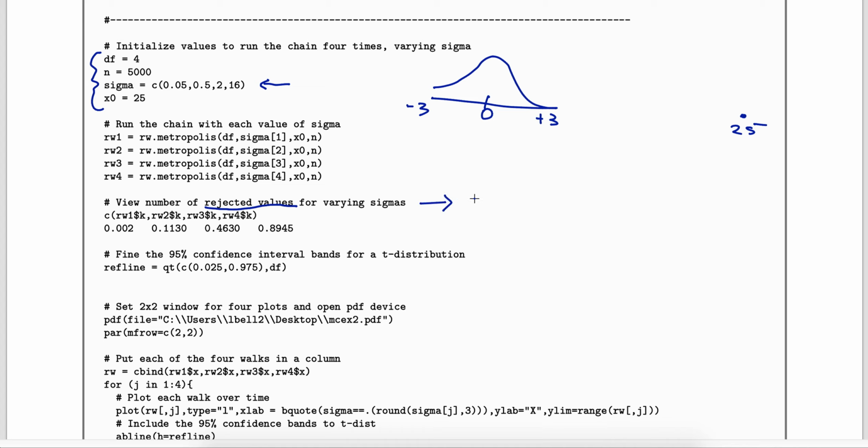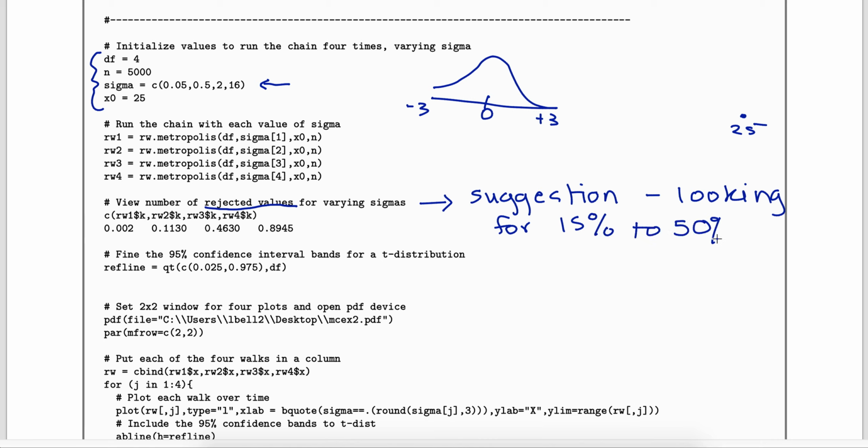And there's kind of a general guideline or rough suggestion here that we want to see, ideally, somewhere between 15% and 50% of values rejected. And there are some good reasons for those guidelines.